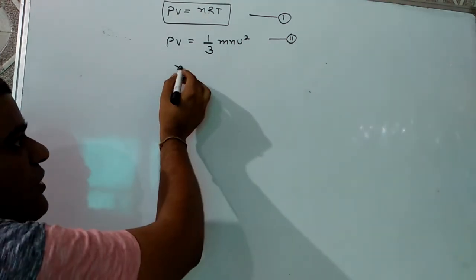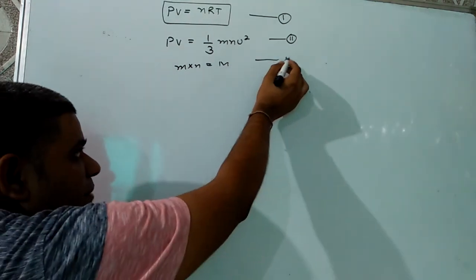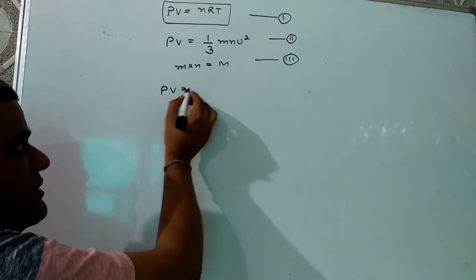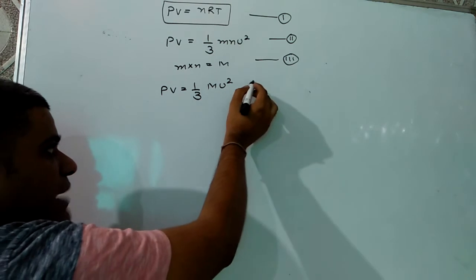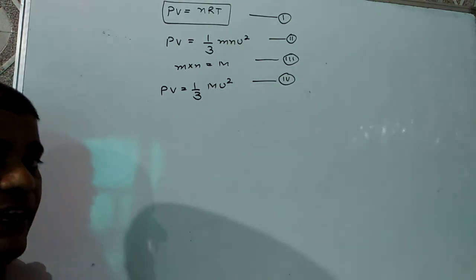But we know m into n is equal to capital M, the molecular mass of the gas. Putting this value here, we get PV is equal to 1 by 3 M u square, where M is the molecular mass and u is the root mean square velocity.